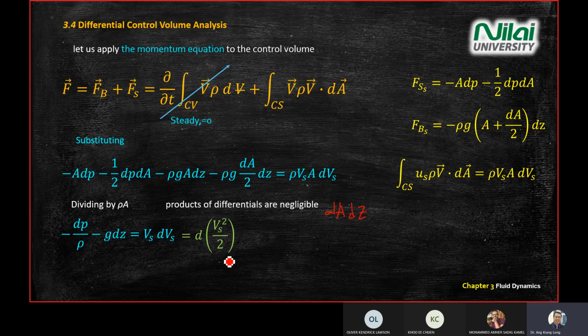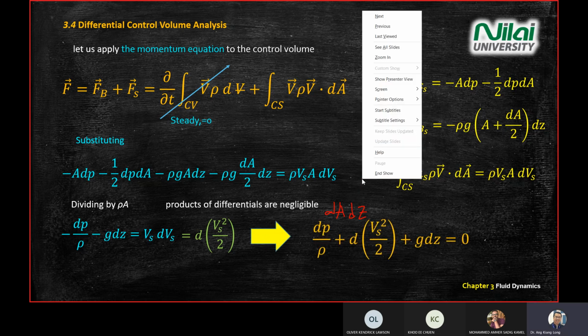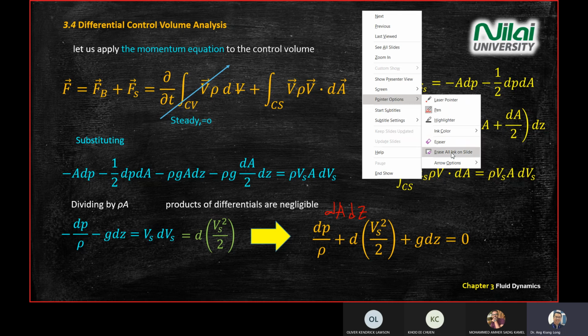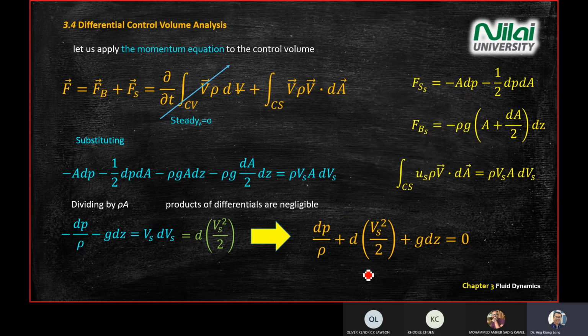This is from mathematics. And then you arrive at the familiar form of the Bernoulli equation that you've seen in physics class. You have dP over rho plus dV squared divided by 2 plus G dz equals 0.